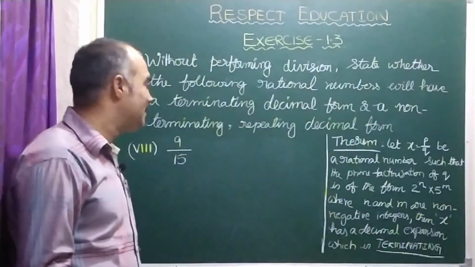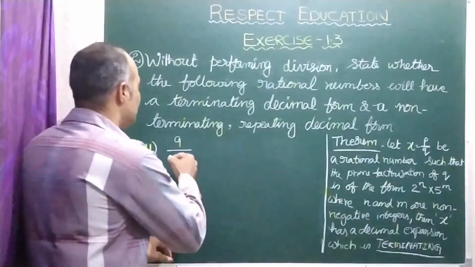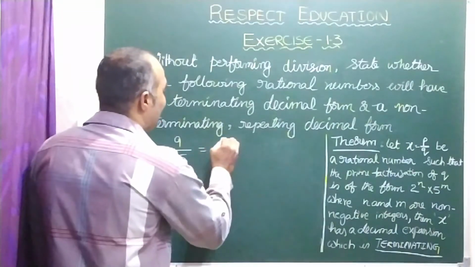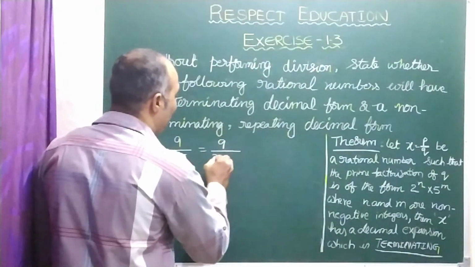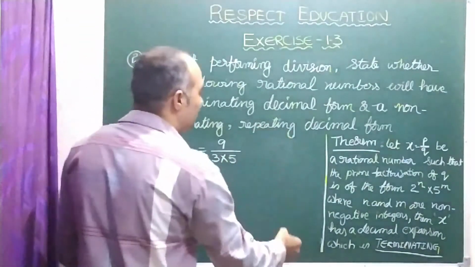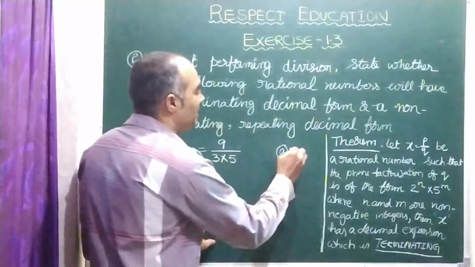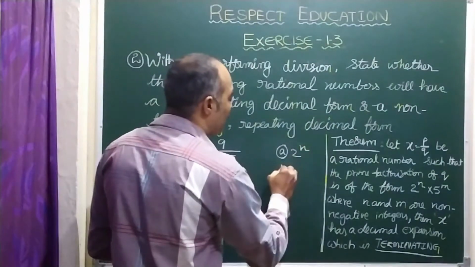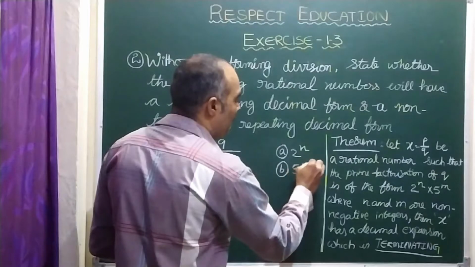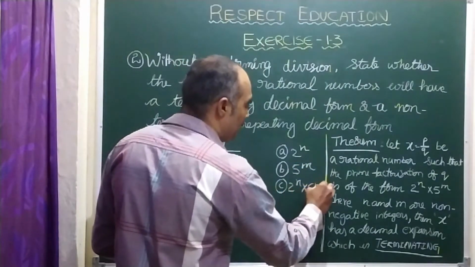Okay, let us see the next bit, that is the 8th bit. 9 by 15. So here we can write 15 as 3 into 5, right? Now here we have been given 3 cases, children. The prime factorization of q may be of the form 2 power n or 5 power m or both together, 2 power n into 5 power m.